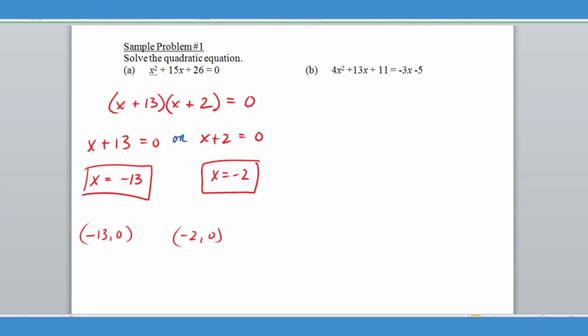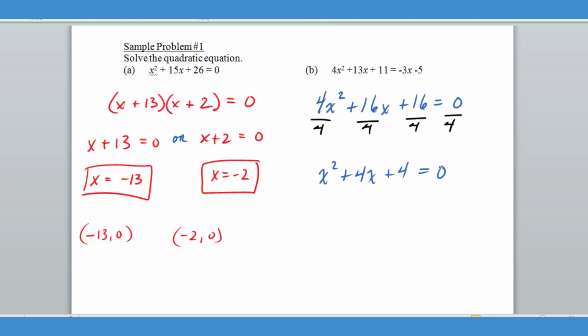If we look at the next one, we need to start by getting everything on the same side of the equation. So I'm going to add 3x and add 5 to both sides. Then I'm going to simply divide out the common 4 here. If I divide out 4 from everything, what I'm left with is x squared plus 4x plus 4 equals 0. I could have factored out the common 4, but it wouldn't have helped me get any other solutions.